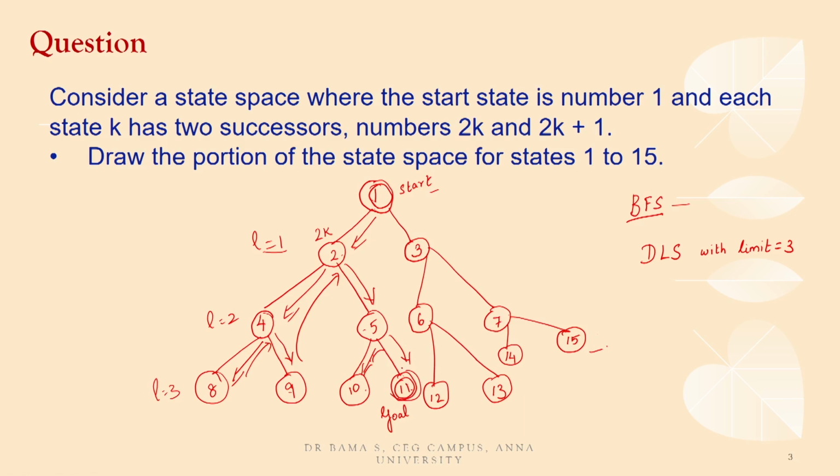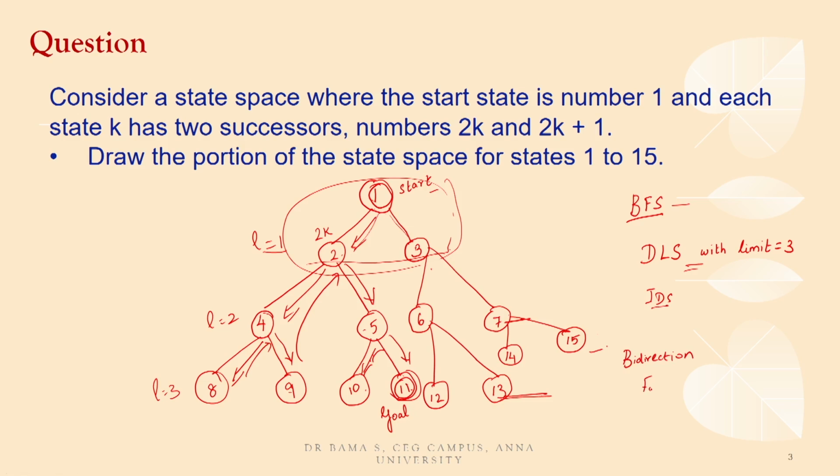Iterative deepening is very similar to DLS, but at each stage it starts iteratively. At the first stage, when the limit is 1, it goes into BFS, then in the next iteration at this stage, and in the third iteration at this stage, that is the iterative deepening search.